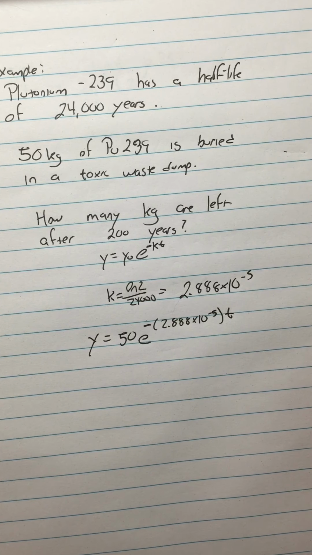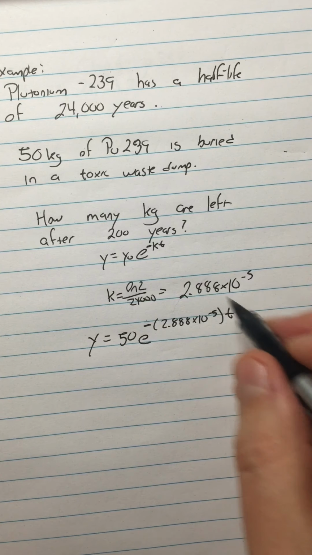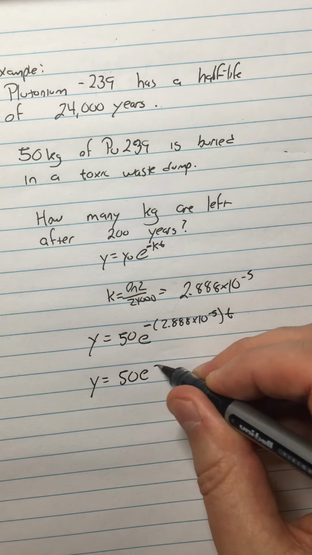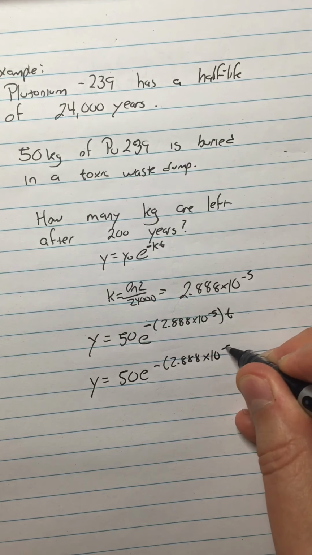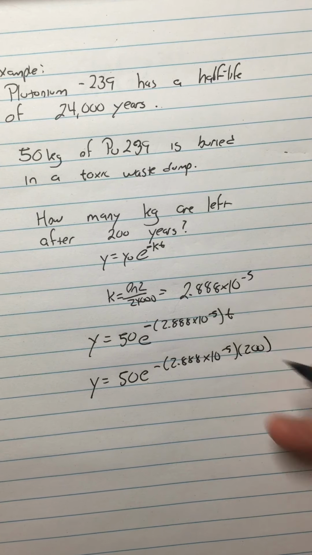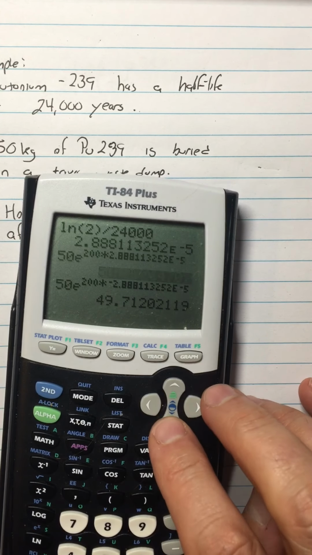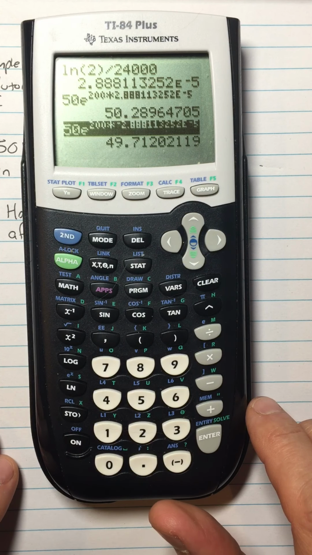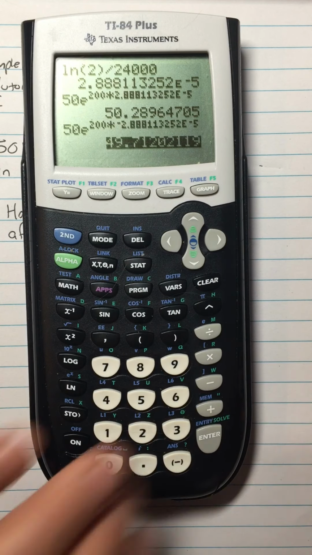Anyway, here's our equation. I want to know after 200 years, so I'm just going to go y equals 50 e to the negative 2.888 times 10 to the negative 5th times 200. Then I just throw that into my calculator, remembering to copy and paste the 2.88, so I didn't have to write out all those decimals and the exponent and everything. And here's what I got, 49.71.